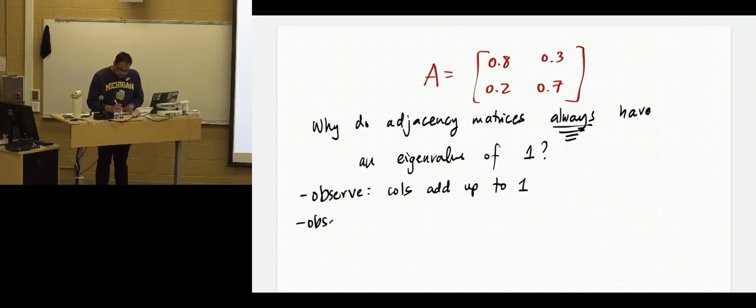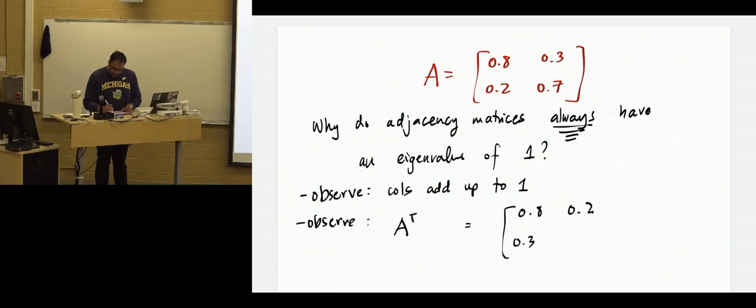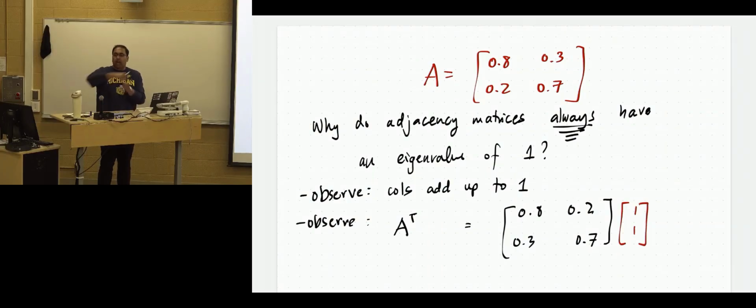Then observe. As Sina mentioned, if you take the transpose of an adjacency matrix, which is going to look like here, 0.8, 0.2, 0.3, 0.7, and multiply it by a vector of 1s, which is that special tool I've told you about lots of times throughout the semester. You use a vector of 1s whenever you want to add up the things in a different vector.